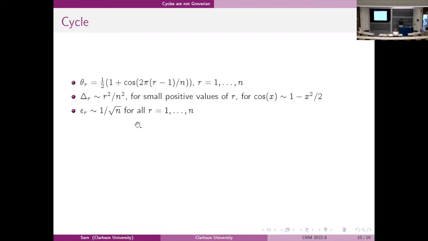And epsilon, that is the shadow, because the cycle graph is a vertex-transitive graph, all the shadows would be 1 over square root n. That is the terms of the principal eigenvector. It's 1 over square root n here.